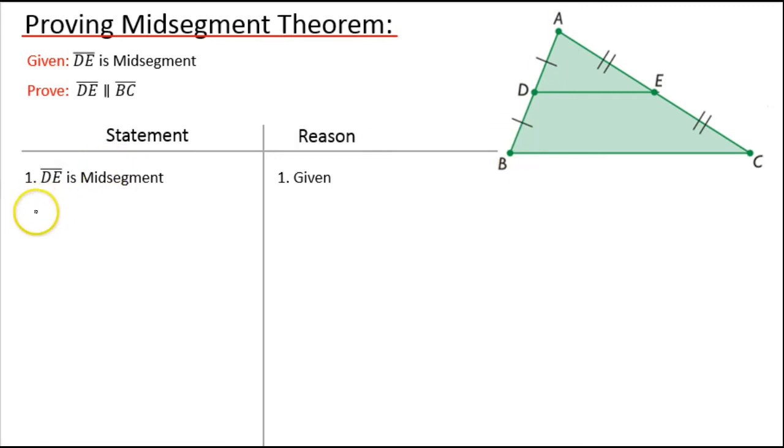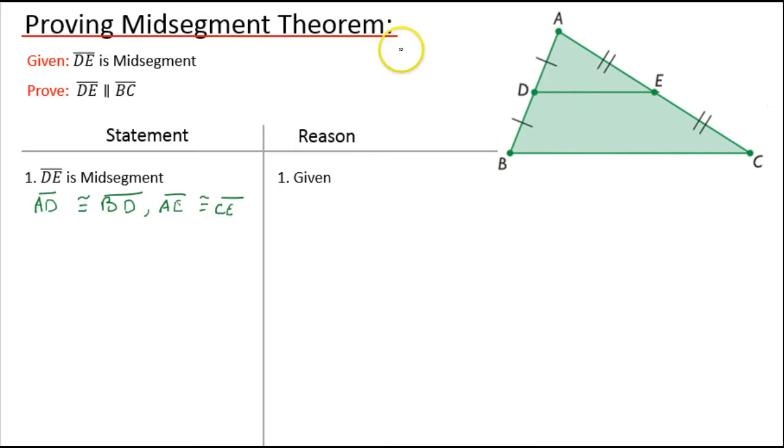We create that AD is congruent to BD. That's also by given. We also know that AE is congruent to CE. That's also given to us. That's given information.